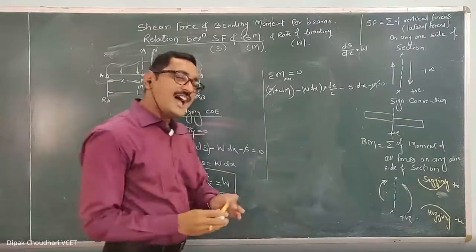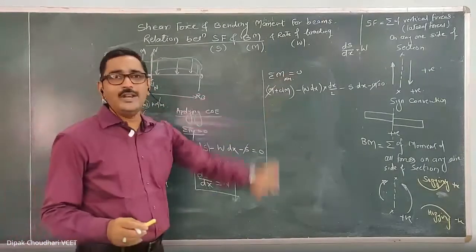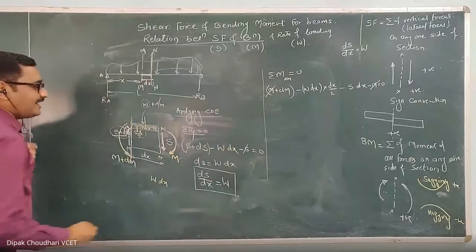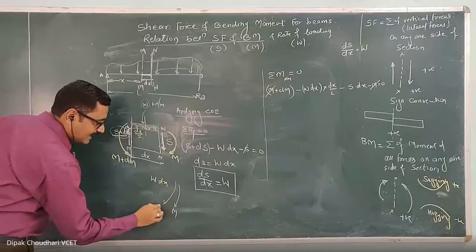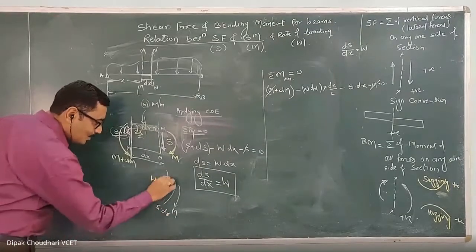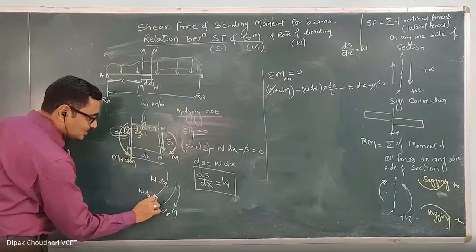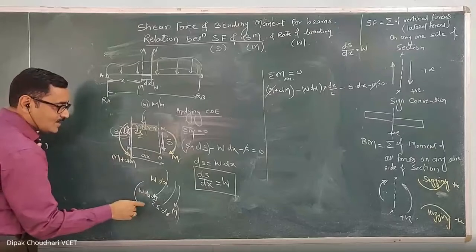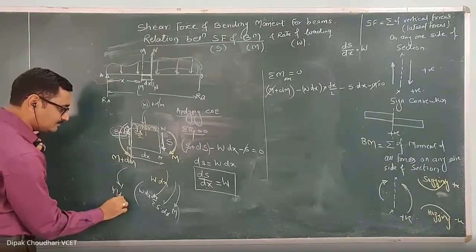Here I have written that equation of summation of the moment of all forces and equated it with 0. But when I explained, I told you that this moment, then the moment of this s into dx, and the moment of this UDL, which is W into dx by 2, all three moments are clockwise. To balance them I added this moment, m plus dm.